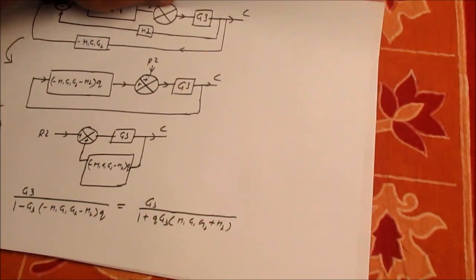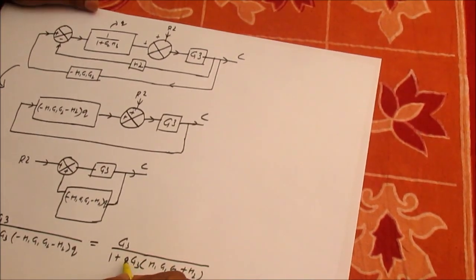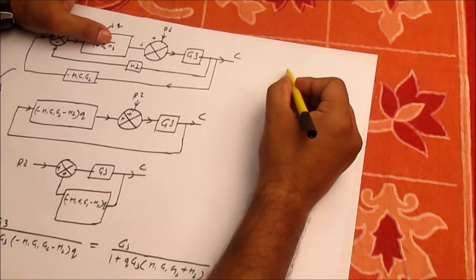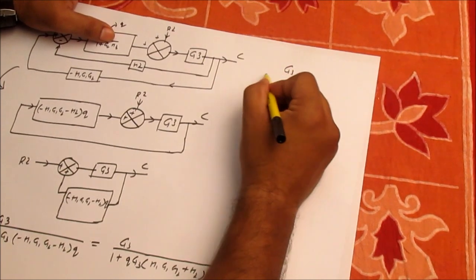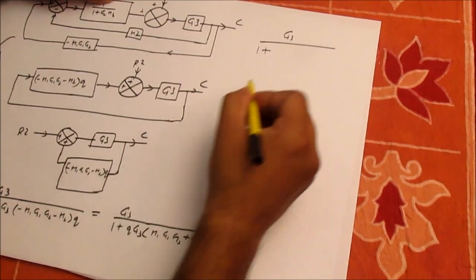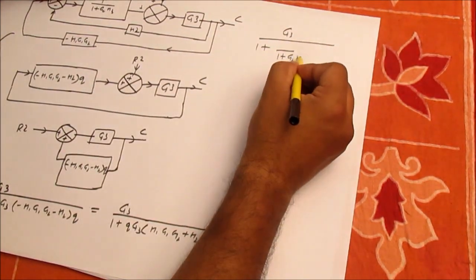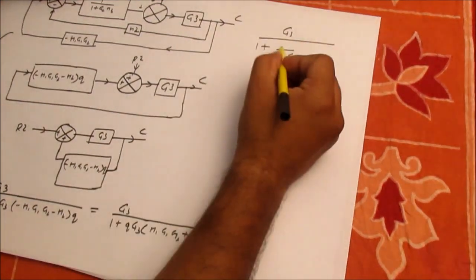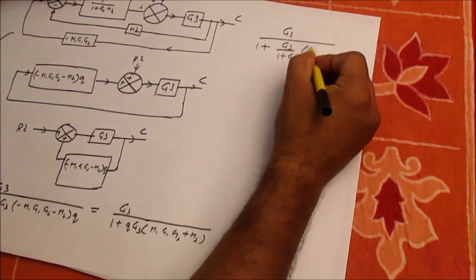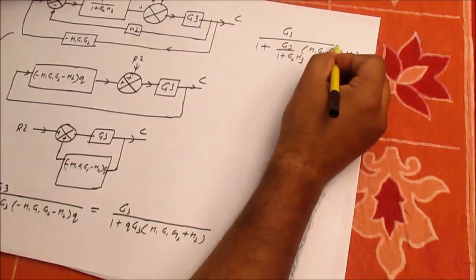Now what I will do, I will put the value of Q. So the value of Q is 1 plus G2H3. So it will be G3 divided by 1 plus Q, which is 1 plus G2H3, into G3, and then I have this term, that is H1 G1 G2 plus H2.